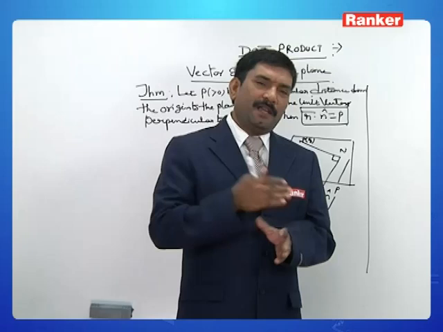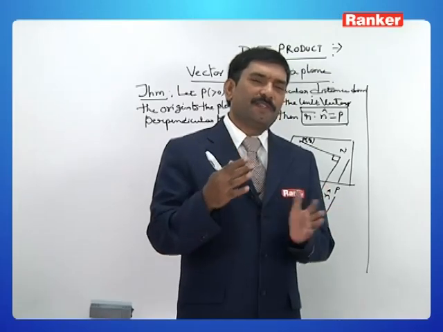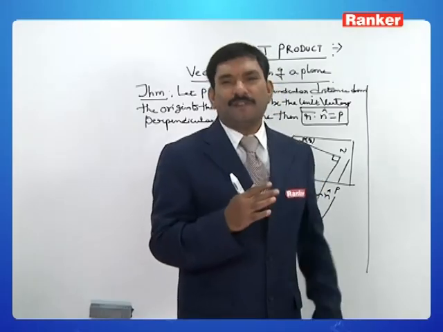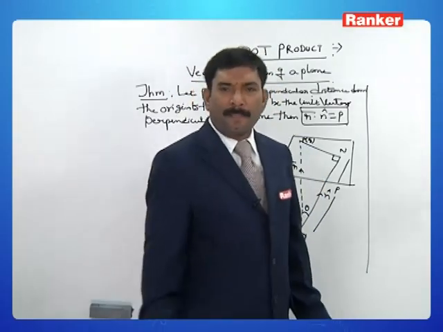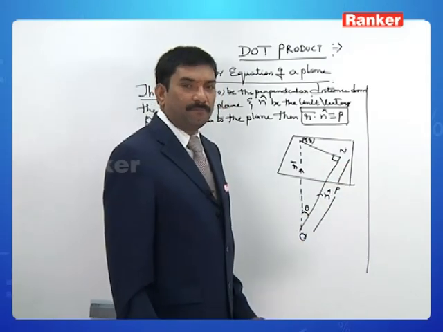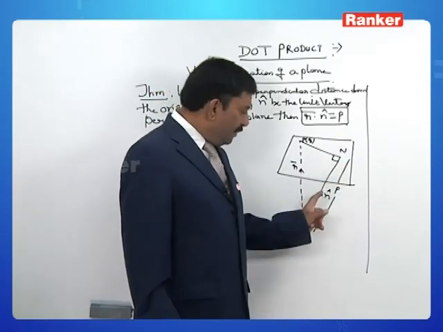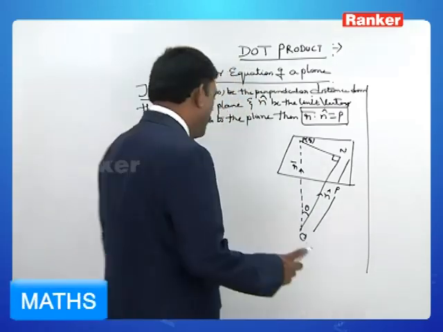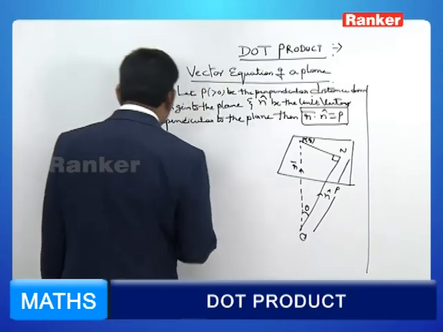But in 3D, if you go for more lines, there is more ambiguity and complexity, and it will not be convincing to understand. So let this length ON be P. So maybe n cap is collinear with ON.